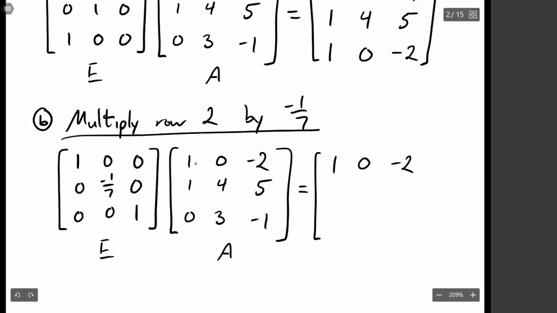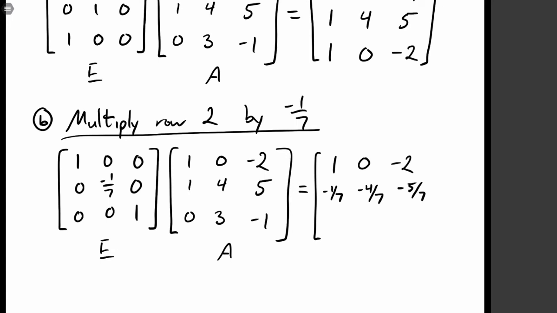Here we have 0 times 1, negative 1/7 times 1 plus 0 times 0. 0 times 0 plus negative 1/7 times 4 plus 0 times 3. And 0 times negative 2 plus negative 1/7 times 5 plus 0 times minus 1. So that's minus 5 over 7.